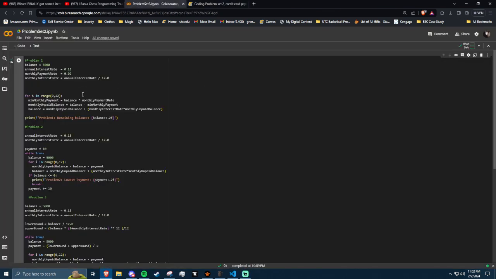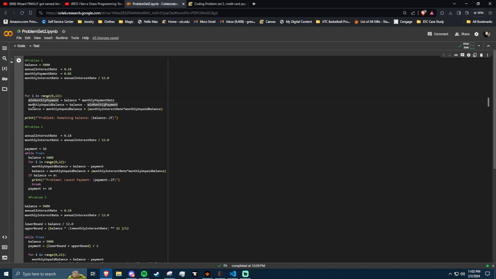So the first problem is to calculate what the balance will be after 1 year if you're making your minimum allowed payments to a credit card. So this will calculate your minimum payment based on these entries up here, and then monthly unpaid balance is going to be balance minus the minimum monthly payment.